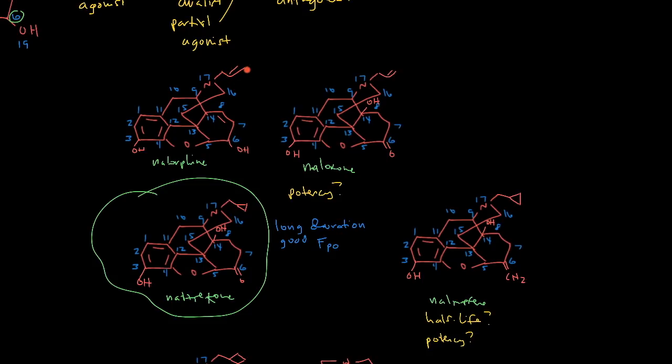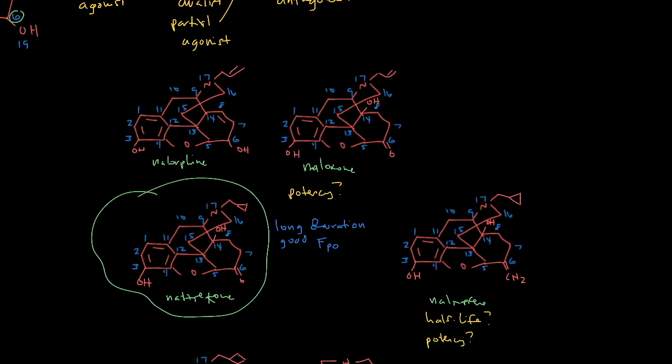And remember, 3 carbons is your antagonist. Naloxone is also an antagonist. Basically, the 20 position is the carbons attached to your nitrogen, the amine group. So here's your 20 position attached to the nitrogen group. You have 1, 2, 3 carbons. That's your antagonist.